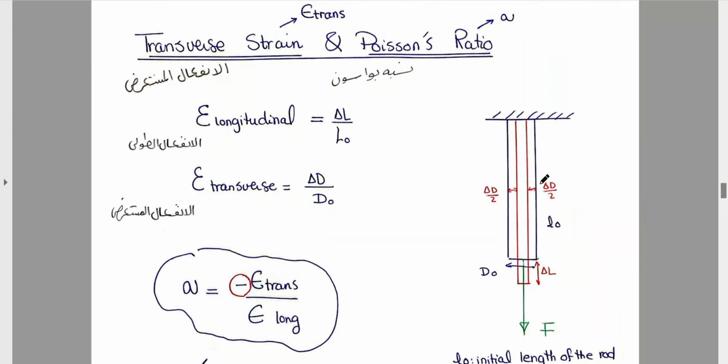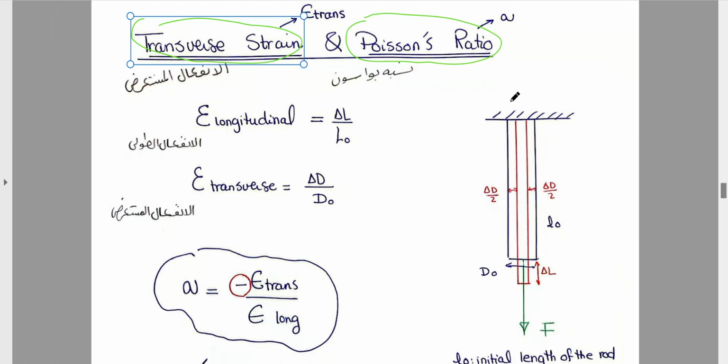Checking the diameter, if we apply a force which will increase the length of the rod by delta L, of course, the diameter will be decreased by delta D. That's why we want to understand what transverse strain is and what Poisson's ratio is. The transverse strain means the deformation that happens on the other side.